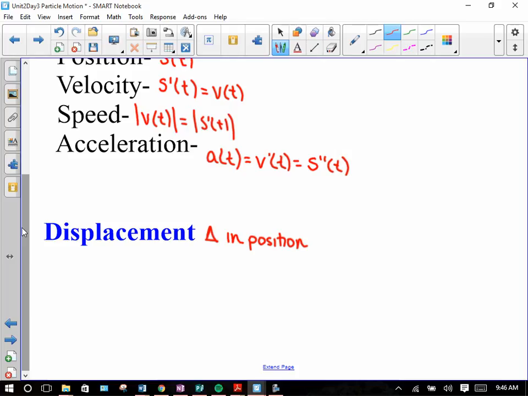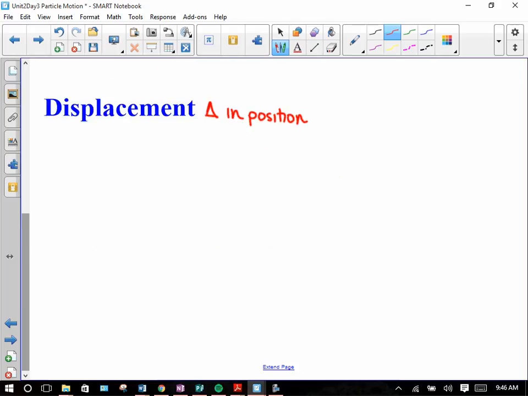What that means is this. Let's say I'm standing right here at the origin, and I walk 4 feet that way.